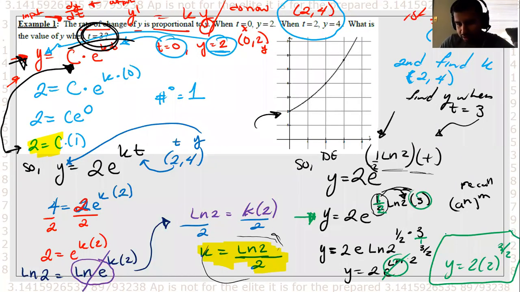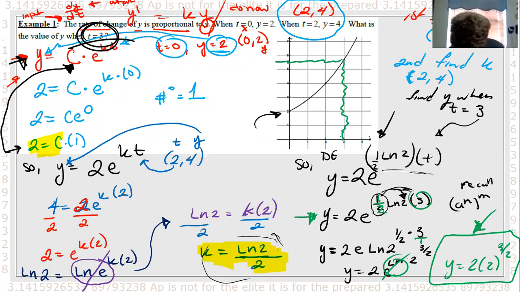I just wanted to go ahead and simplify using the exponent rules. Any questions so far? So to tie it back to this problem, 2 times 2^(3/2) would be the y value when this is happening right here.